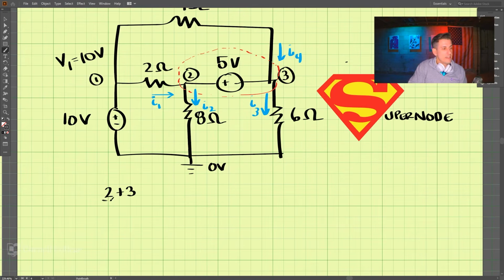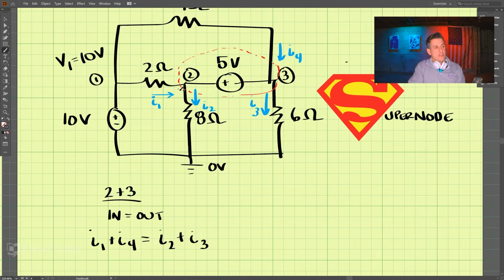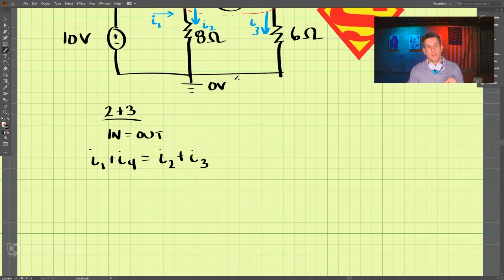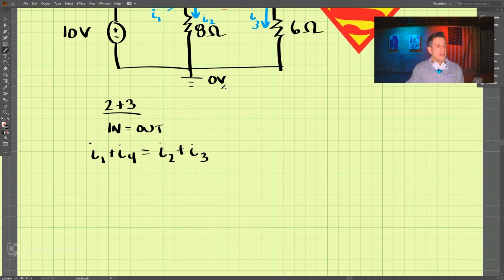Coming into 2 and 3, we do in equals out. Coming in, we have I1 and I4, which is equal to out, which is I2 plus I3. So this is a supernode. We can still do KCL, but we need to create a supernode.